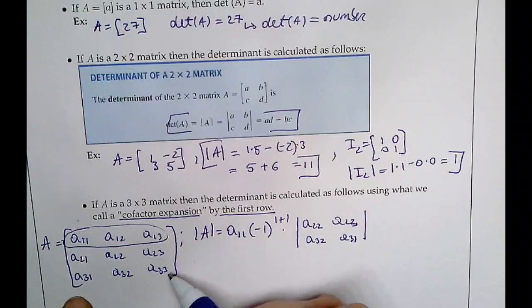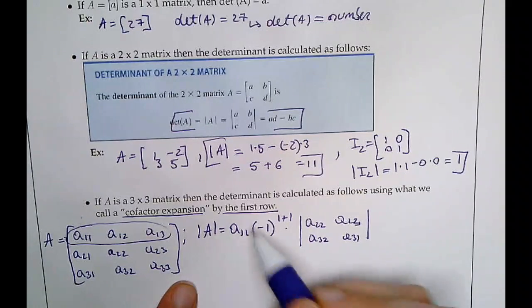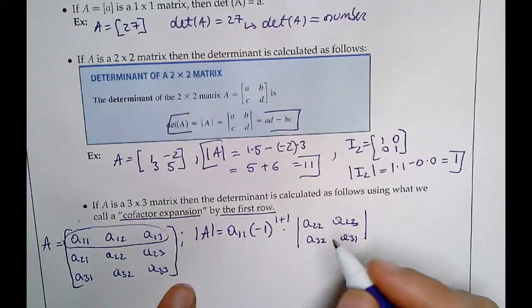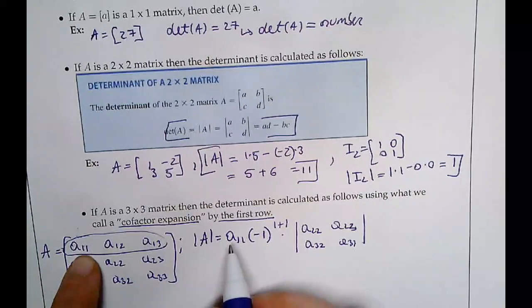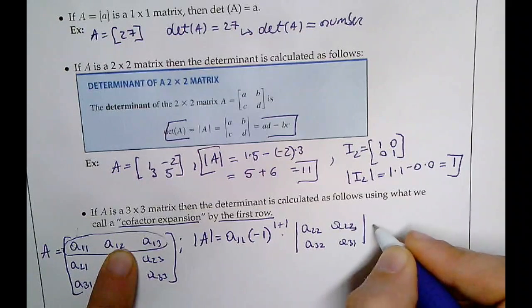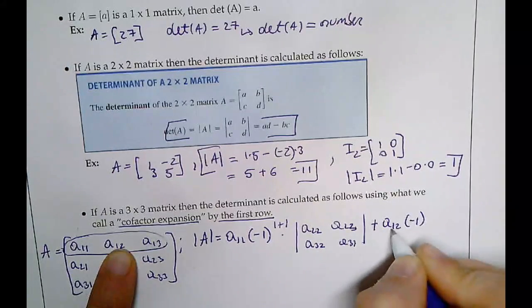So if we can find a method that uses 2 by 2 determinants, then we can find a 3 by 3 determinant. So we took care of the first term. Now you go to the second term in the row that you're expanding. So it's going to be plus A12 times negative 1 to the 1 plus 2 now.